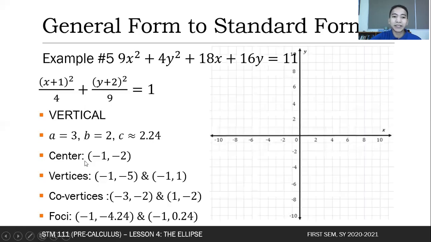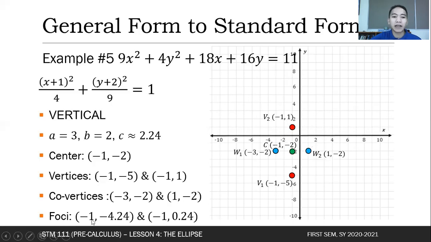Yan. First, plot the center, negative 1, negative 2. Then the vertices, negative 1 and negative 5. Yan. There. And then negative 1 and 1. There. And then covertex at negative 3 and negative 2. It's here. And 1 and negative 2, it's here pala.